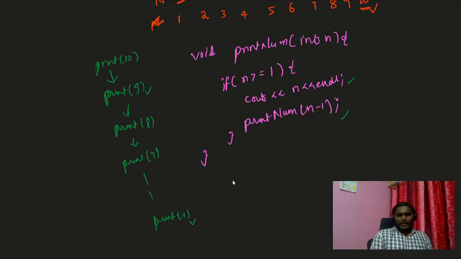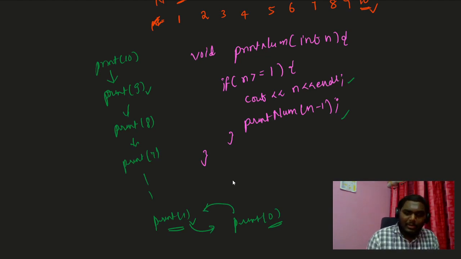Whenever you reach 1, the next call is print 0, and whenever you reach there, your condition fails. Now you will go back to this call. So you have finished this particular call, and what is the next statement you are doing?